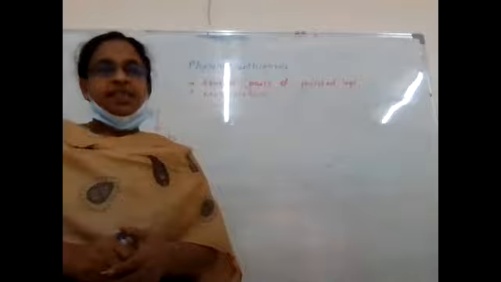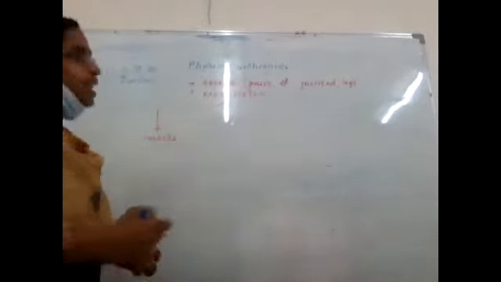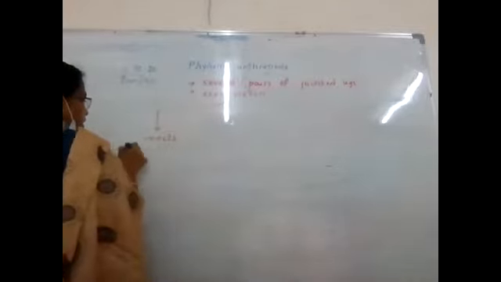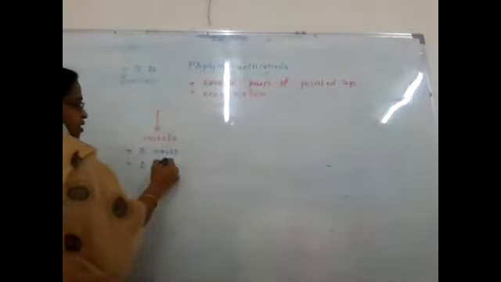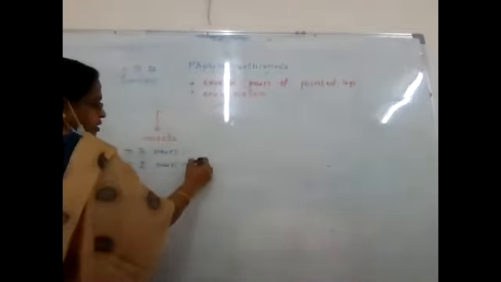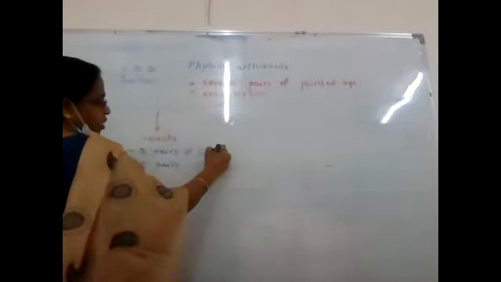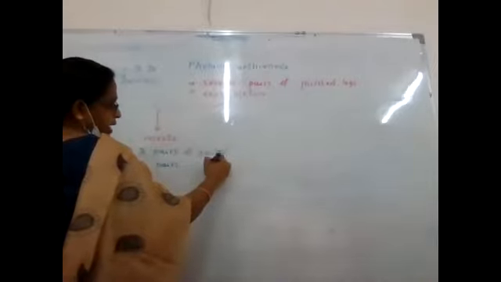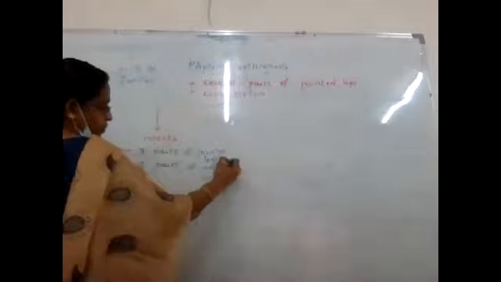Cockroach is an example of insect. So, they have got three pairs of jointed legs and two pairs of wings.